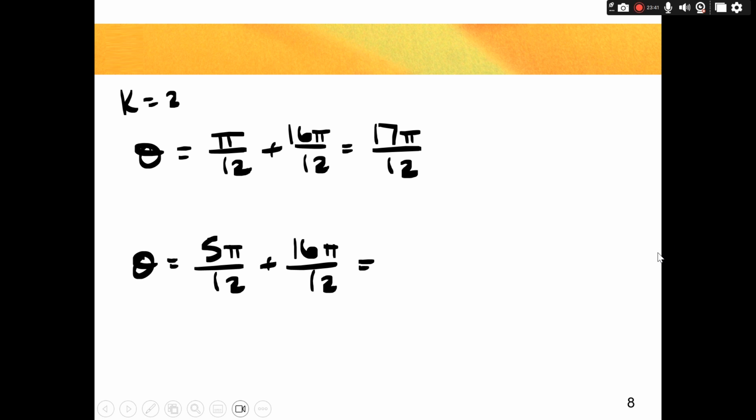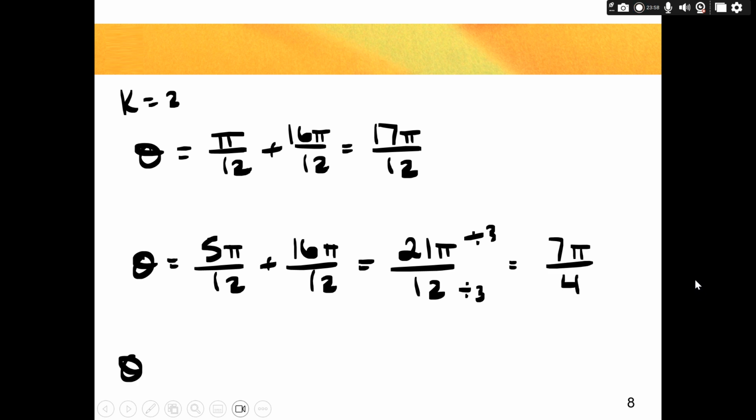So I got 16 pi over 12. And the final answer is, do I need to reduce that one? Yes, by 3. Alvin is correct, 7 over 4.